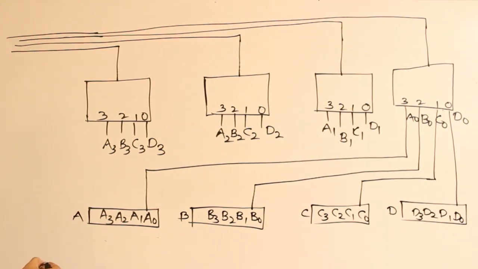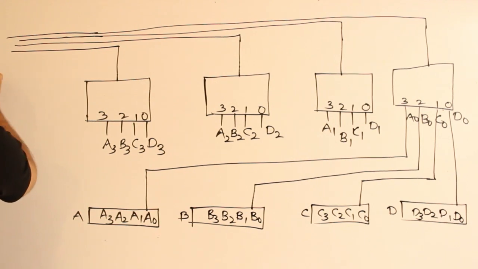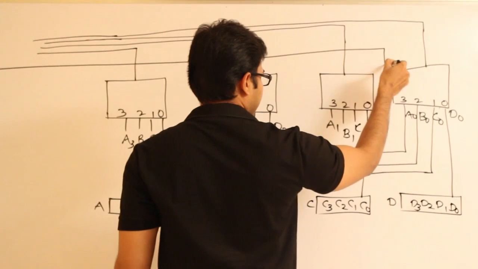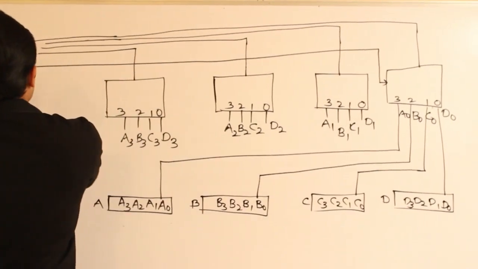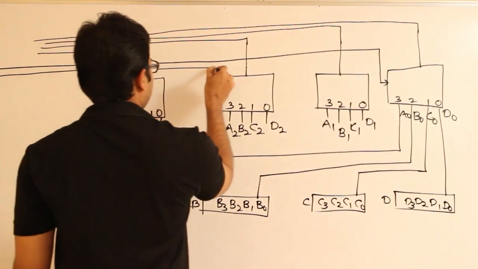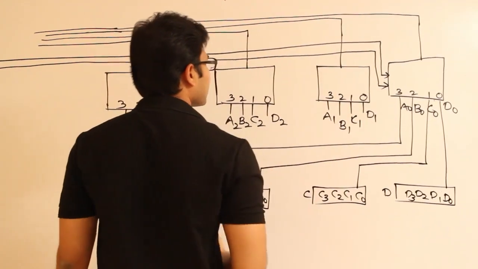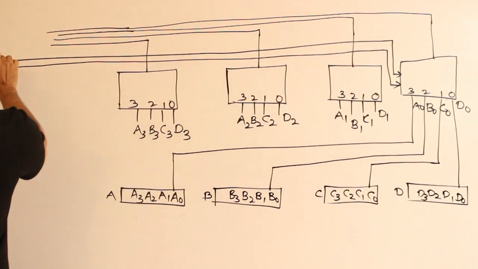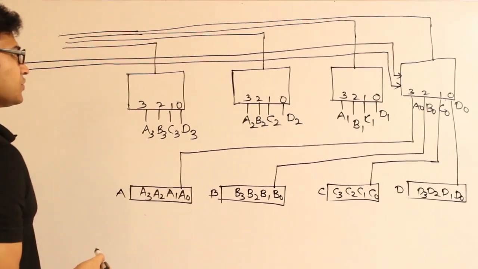Okay, now before that, let us assume that these two lines are the select lines. Let us say this one is S1 and S0. Two select lines should be there.